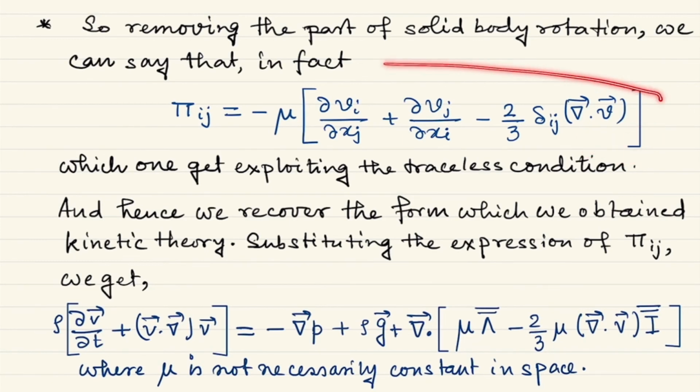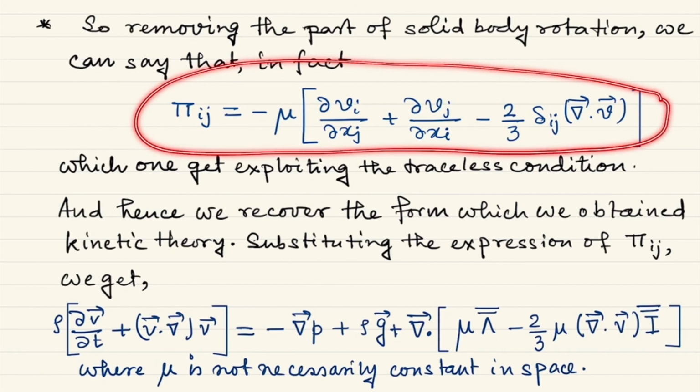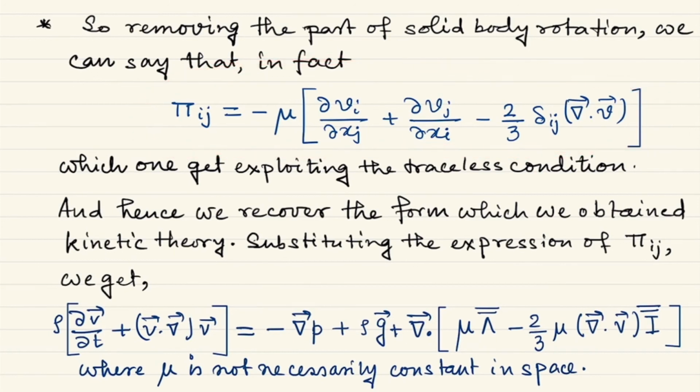And so finally we recover what we found microscopically. Now we find it macroscopically, but for that we needed a hypothesis. And hence we see what we expected.